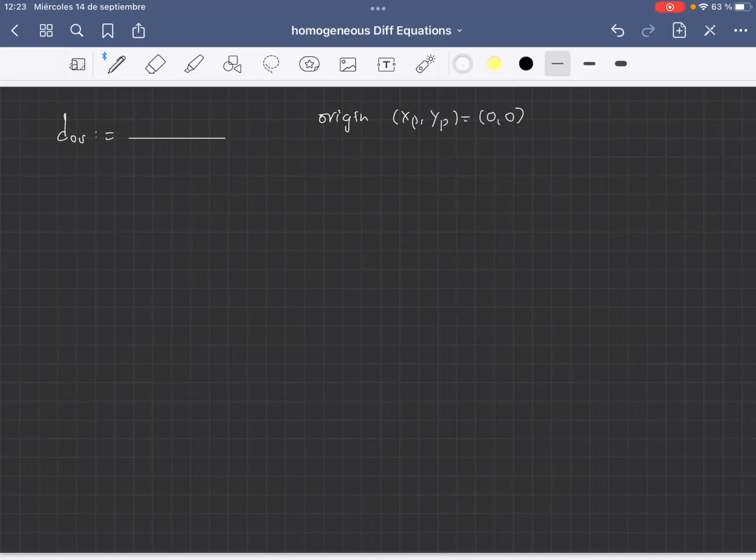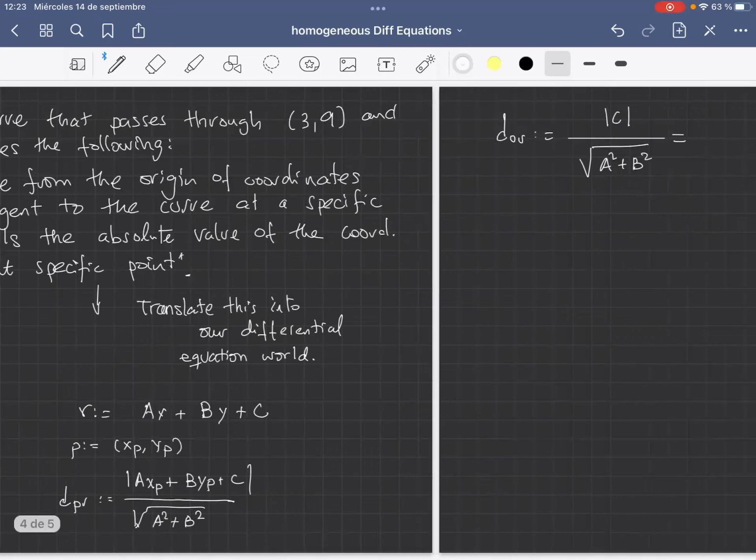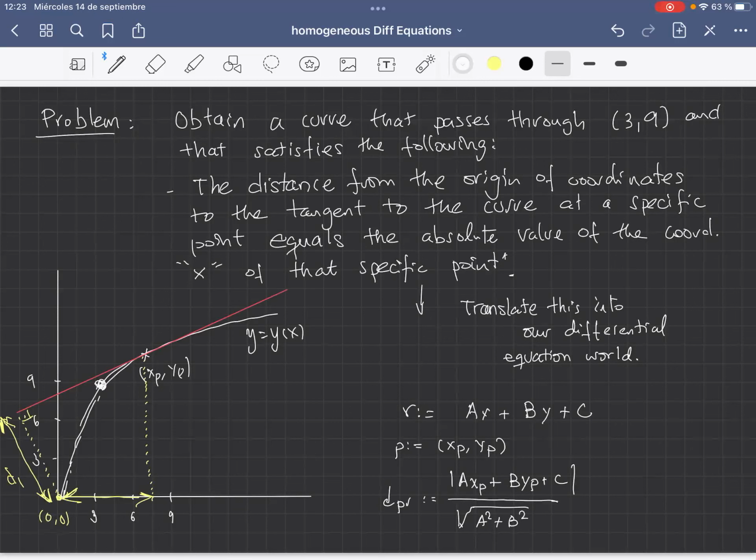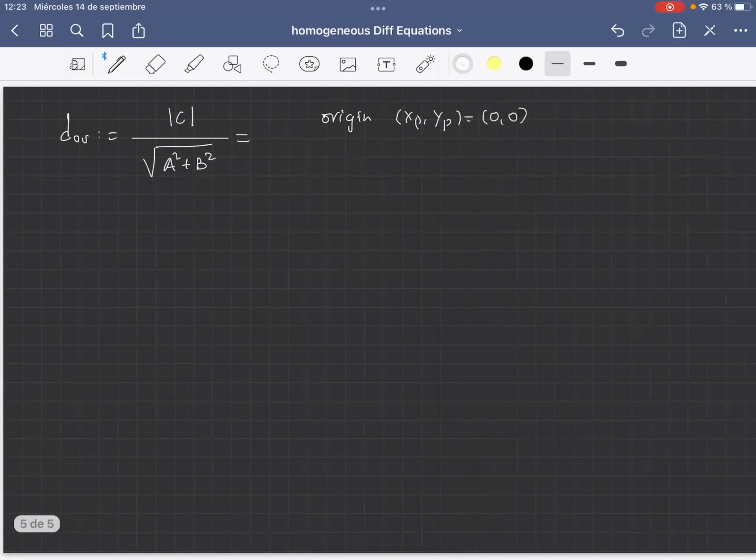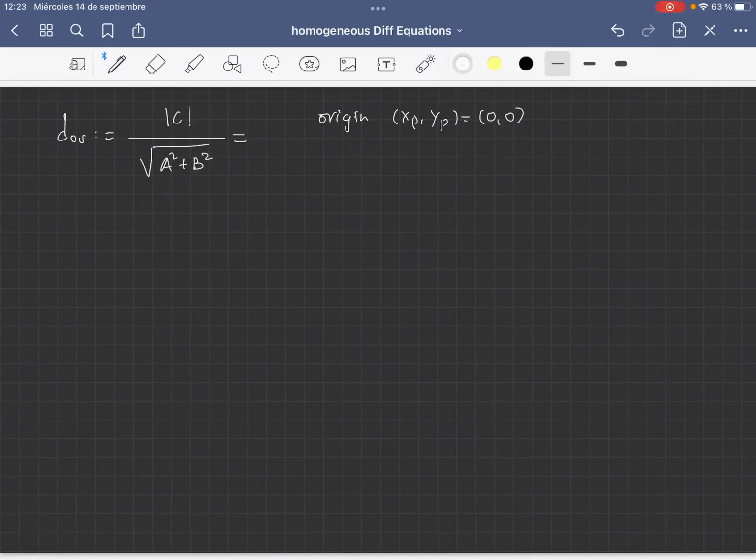So we'll have the absolute value of C divided by the square root of A squared plus B squared equal to the absolute value of x of that specific point, where the tangent passes by.